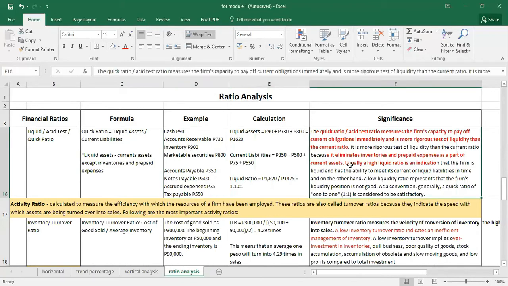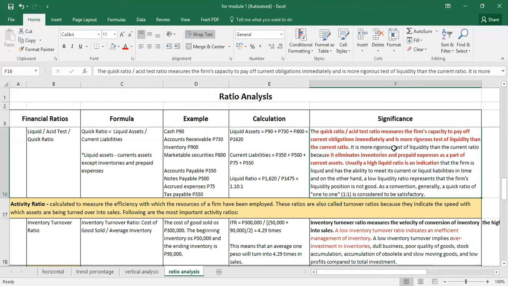So, ano naman ang significance at ano ang importance at interpretation ng ating liquid or acid test or quick ratio? So the quick ratio measures the firm's capacity again to pay off current obligations immediately and is a more rigorous test of liquidity than current ratio.